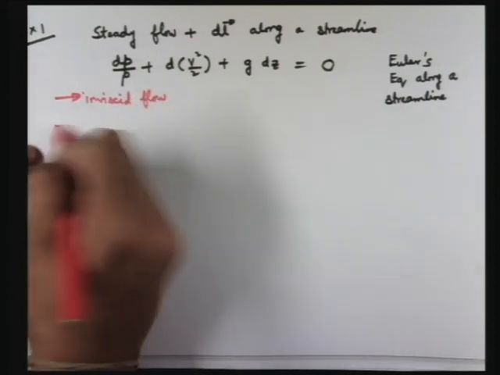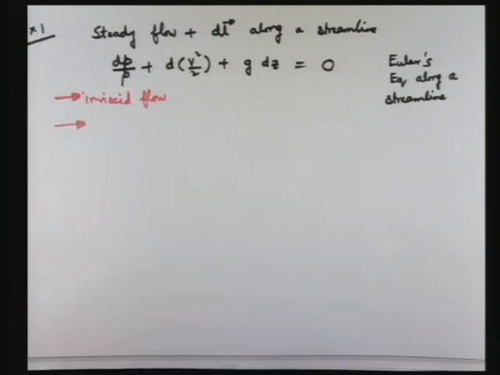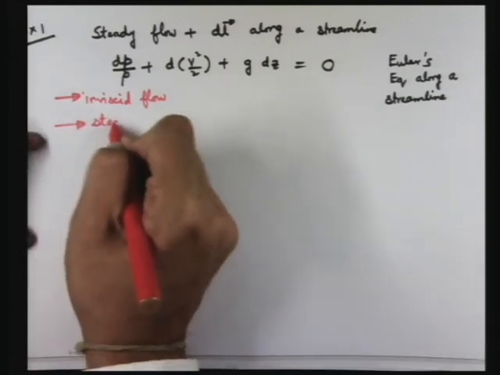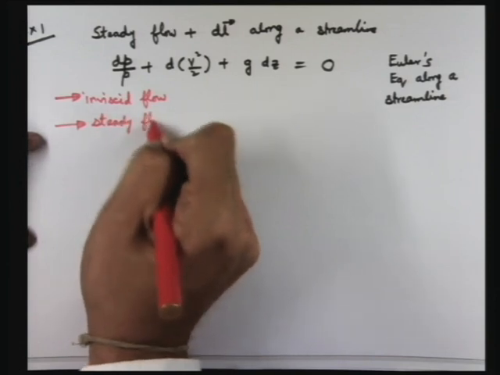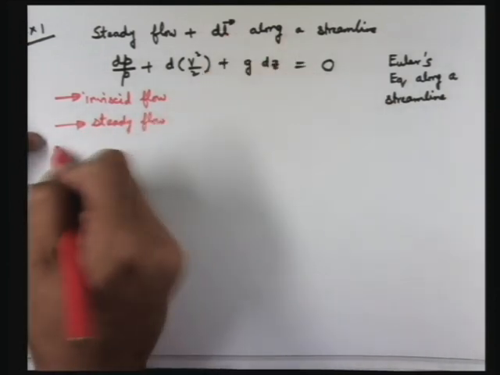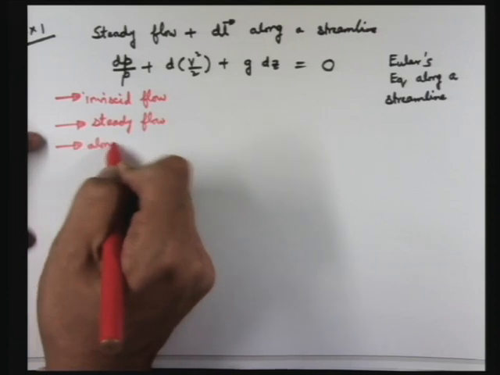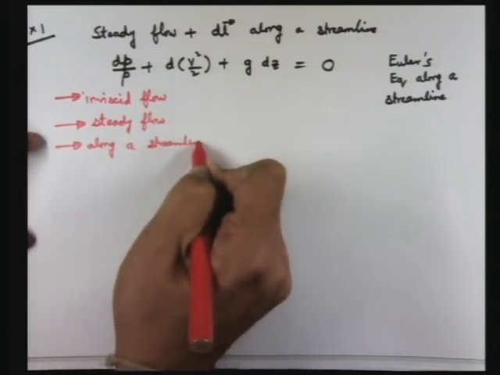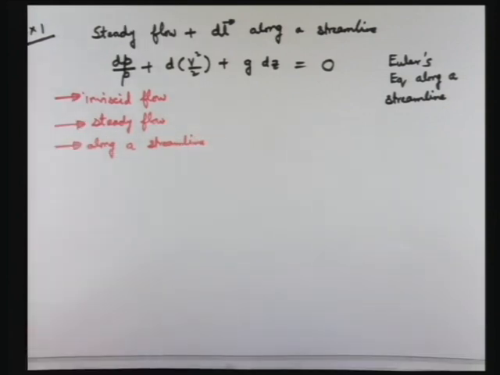Then steady flow, and we have considered along a streamline in this example.